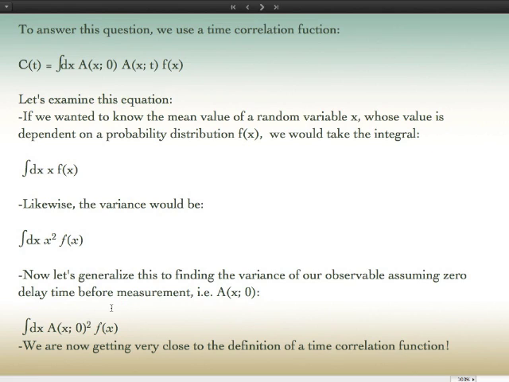You could think of it as 2 measurements with 0 time in between, or just taking one measurement and squaring it. That's probably a simpler way to think about it. So if we do that, that's taking the variance of this, right?